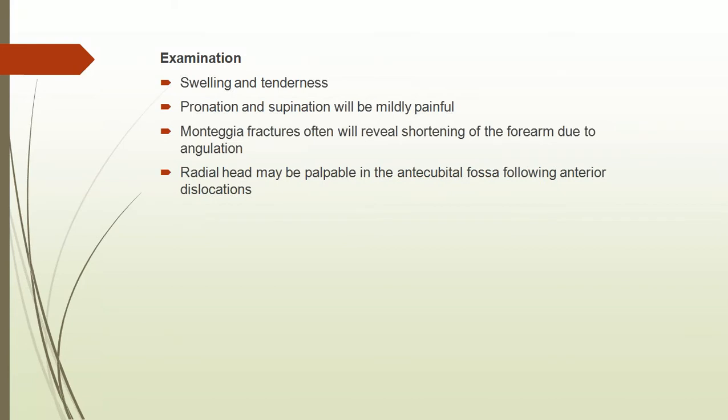And Monteggia fractures often reveal shortening of the forearm due to angulation. If the fracture is comminuted or segmental or angulated, then it leads to shortening. And the radial head may be palpable in the antecubital fossa following anterior dislocation. Yes, that is also one important clinical finding, where the radial head will be dislocated anteriorly so that you can feel it in the antecubital fossa of the elbow.